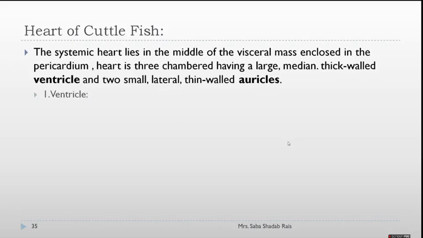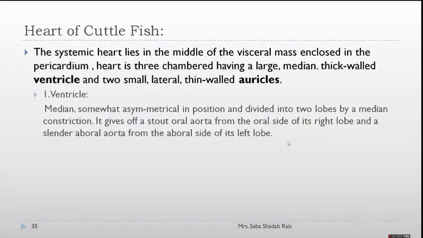First we will talk about the ventricle. The ventricle is present somewhat median and it is asymmetrical in position. The ventricle does not have any compartment, but internally it is divided into two lobes by a middle constriction. So a simple constriction is there, whereas in the higher organisms they have proper walls between.